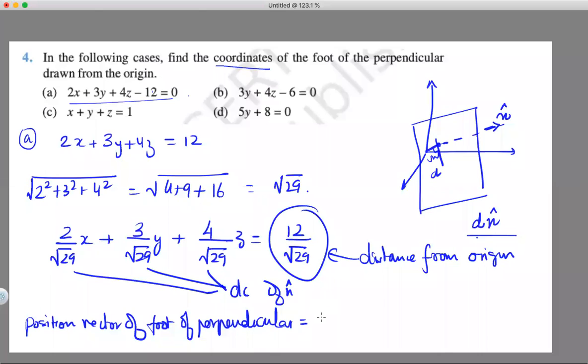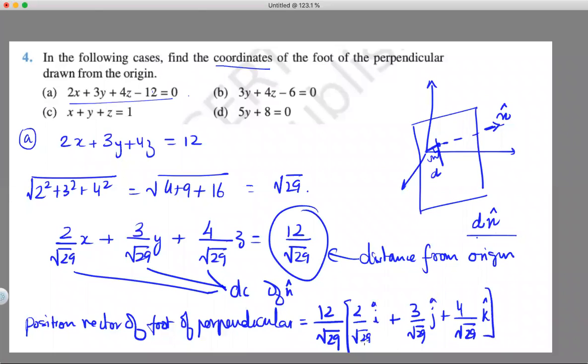And d is 12 by root 29, into the unit vector, which is 2 by root 29 i plus 3 by root 29 j plus 4 by root 29 k. Now we can go ahead and multiply, and we will get 24 by 29 i plus 36 by 29 j plus 48 by 29 k.